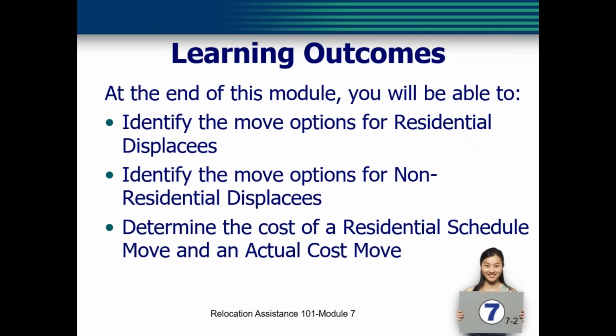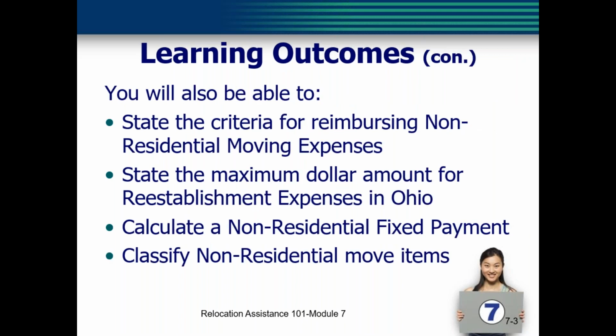At the end of this module, you'll be able to identify the move options for the residential displacees, the move options for the non-residential displacees, and determine the cost of a residential schedule move and of an actual cost move.